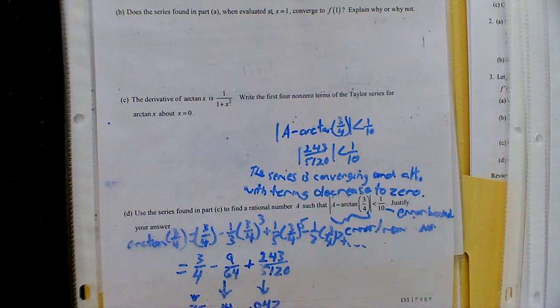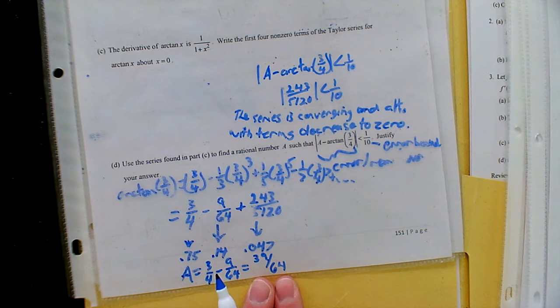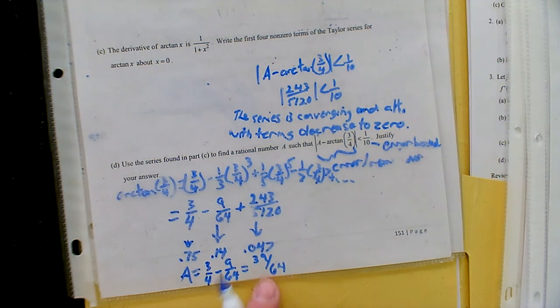So this is the A value, the actual value that we have, A, minus this arctan of 3/4, or the approximate, sorry, minus the actual, would give us some error that's less than 1/10. Okay? Does that help anything, Eric? Can you explain that?